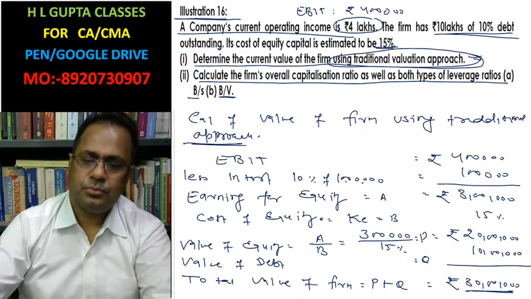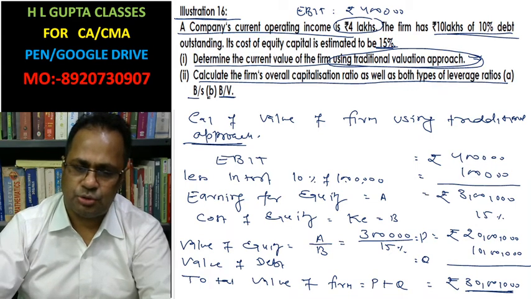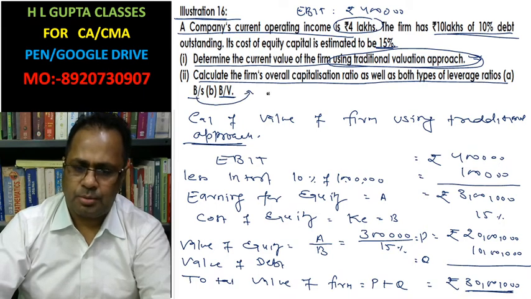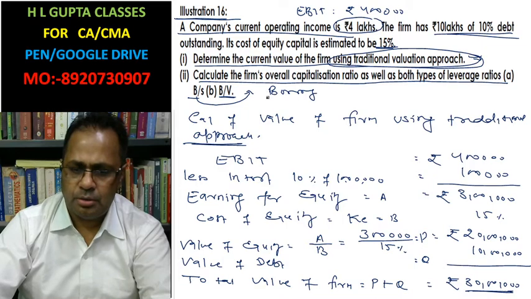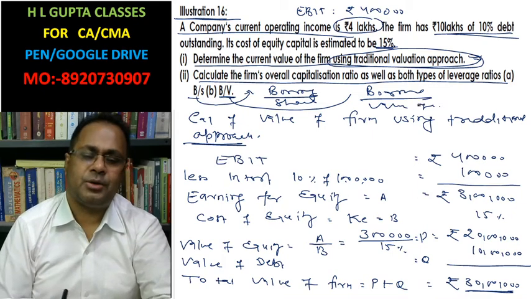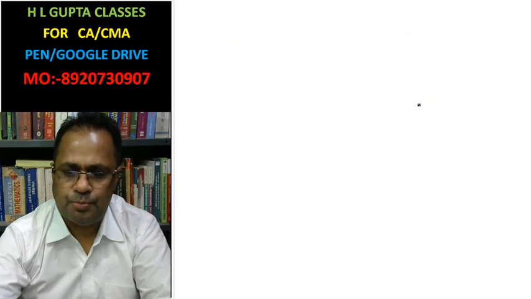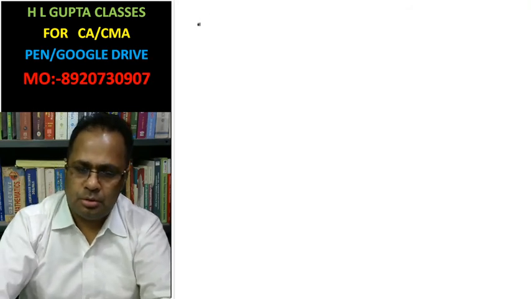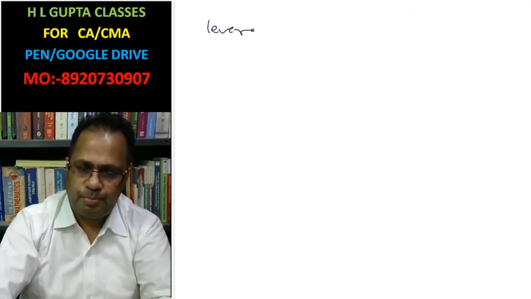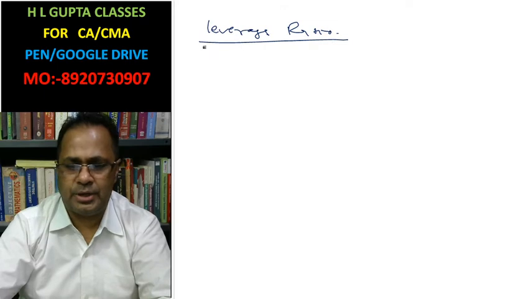Thereafter, both types of leverage ratios: borrowing to the shareholder, and borrowing to the value of the firm. We have to calculate these ratios.